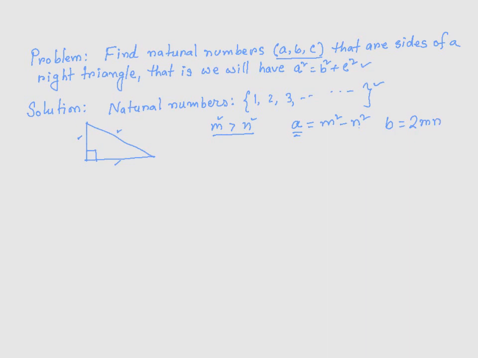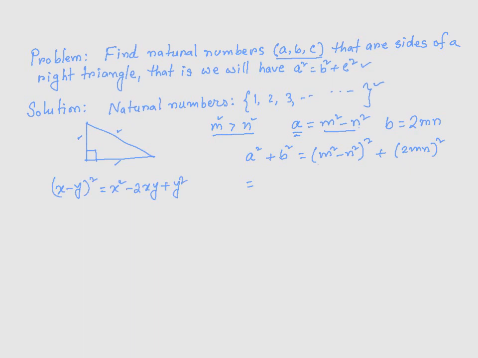Now look, this is what we are going to get. A square plus b square is going to be equal to m square minus n square, whole square, plus b square, which is 2mn whole square. Now remember the perfect square formula for a minus b, so I'm going to use a different symbol here. X minus y whole square is equal to x square minus 2xy plus y square.